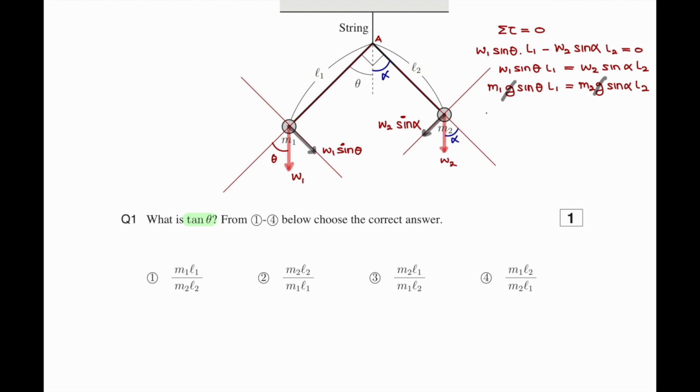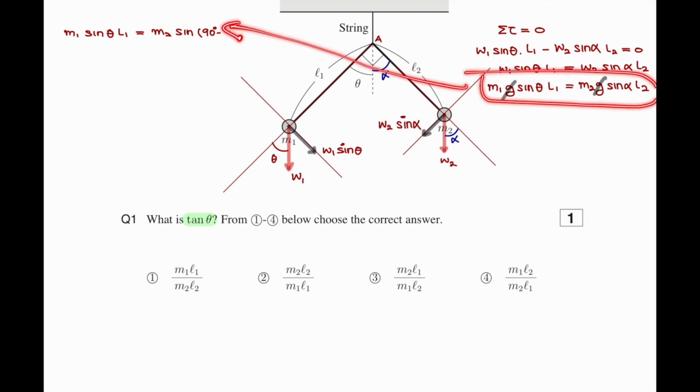So our equation becomes m1 sin theta L1 equals m2 sin of 90 degrees minus theta times L2.